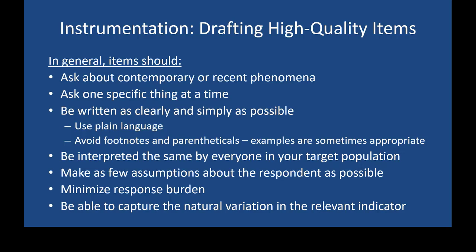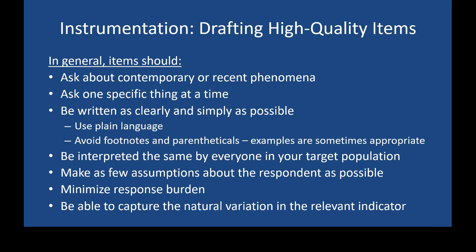Minimize response burden. Again, you want to be efficient. You want to make sure that you get the most information for the least effort from your respondents. And then the last thing, and I'll talk about this a little bit more at the end when I talk about scaling, is you want to make sure that your items capture the natural variation.